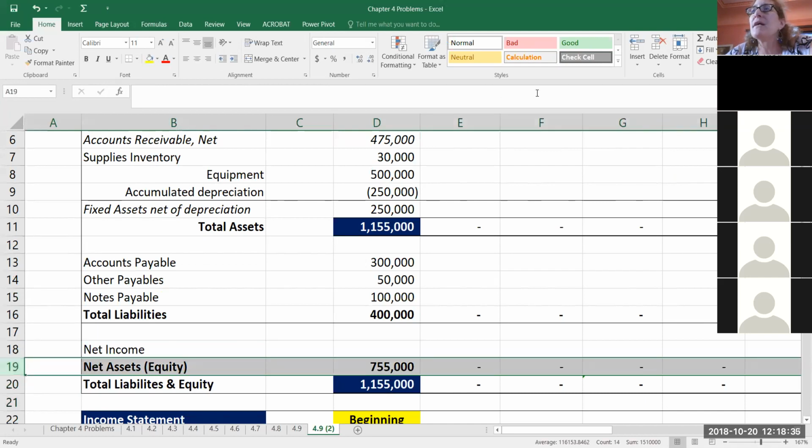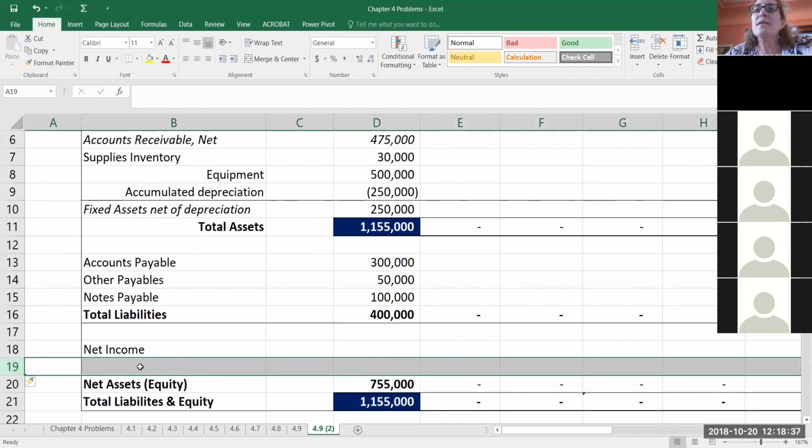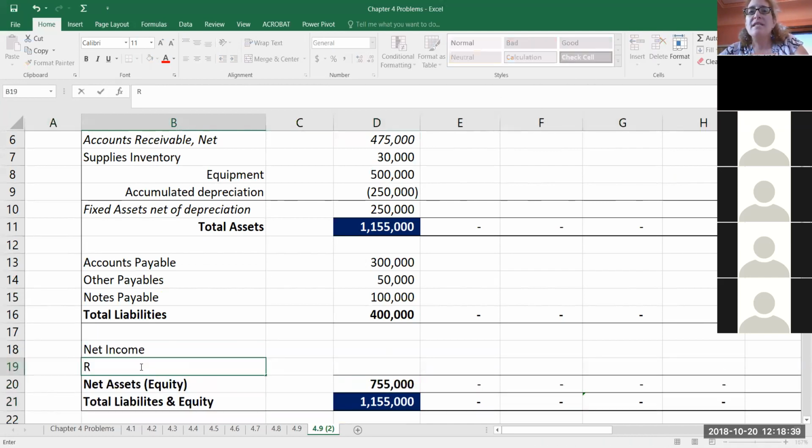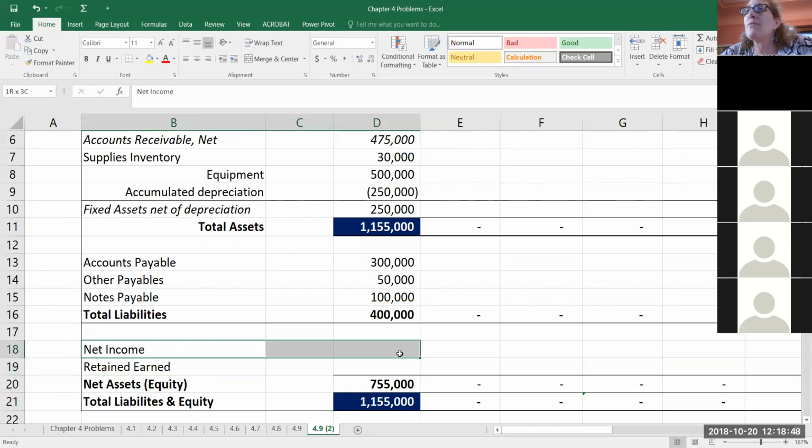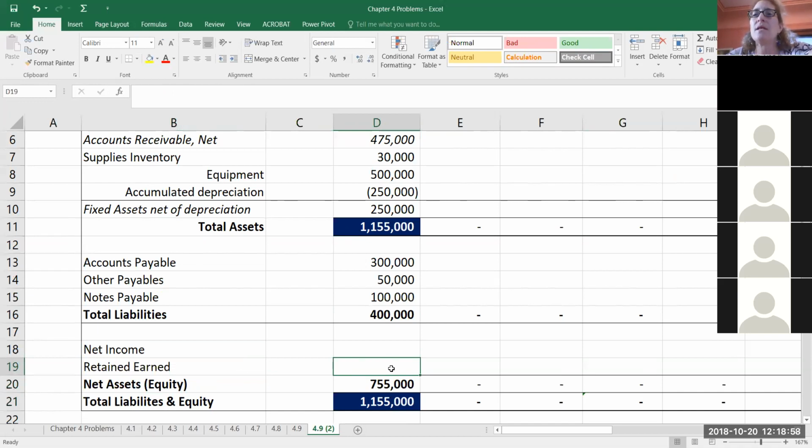Sometimes you'll see two lines: one is called retained earnings, and one is called net income. So this will be what you earned for this year, and your retained earnings would be your historical retained earnings. Does that make sense? Accumulated over many years, all right?